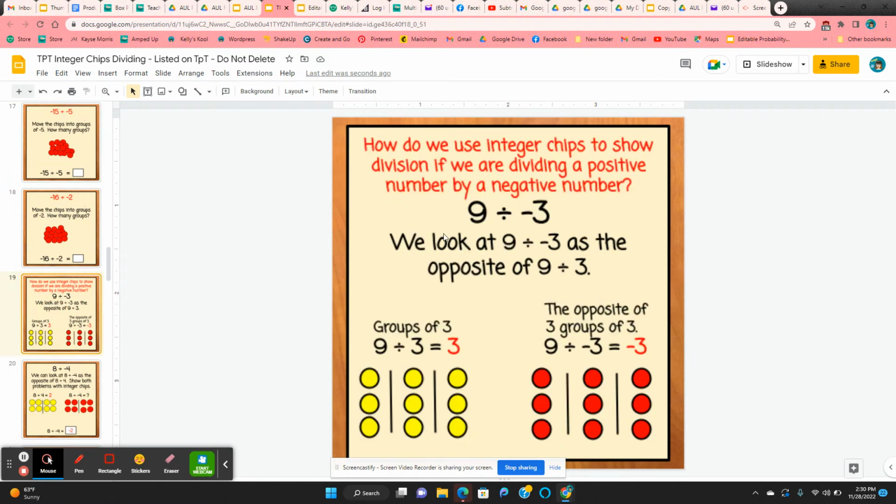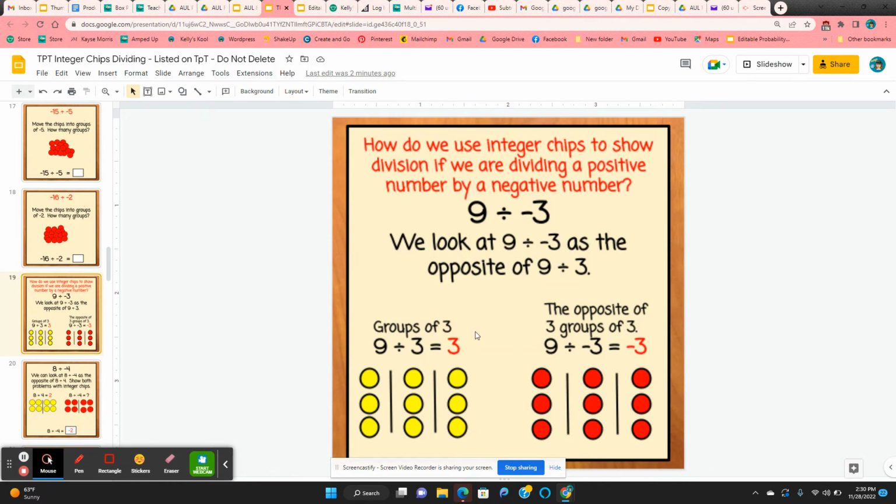And then the last part is what happens if we're dividing a positive by a negative. One way to look at it is if the numbers are positive, it's going to be all positive, a positive 3 here, 9 divided by 3. And 9 divided by negative 3 would be the opposite of that. So 9 divided by negative 3 would be negative 3.